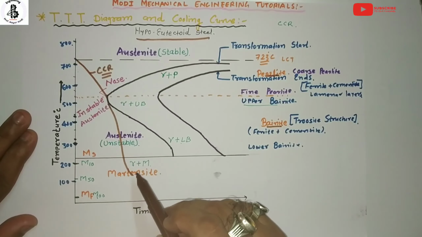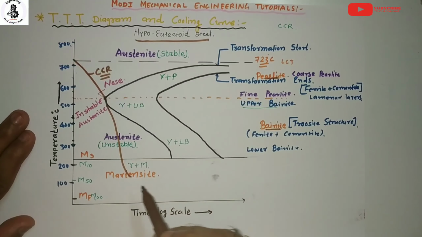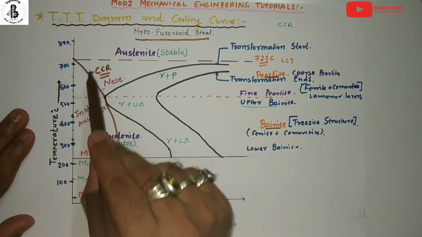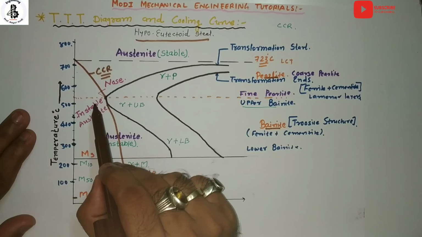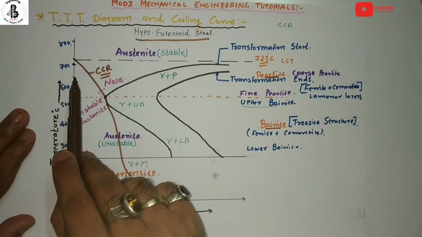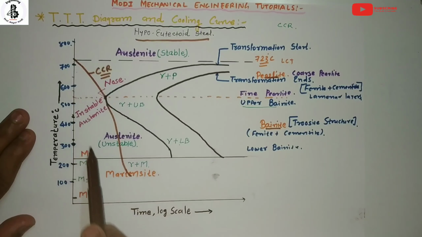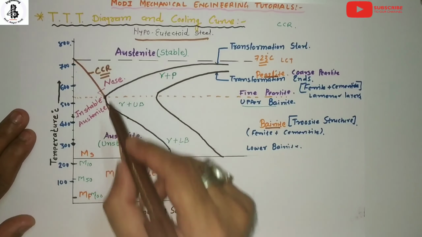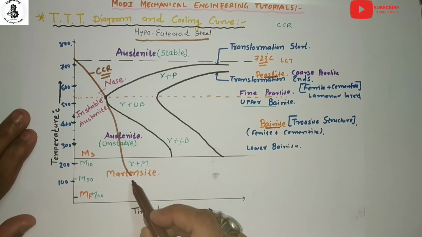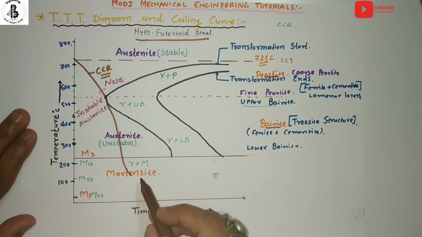If any cooling curve passes before the critical cooling rate, austenite will obviously convert directly into martensite. So by the CCR, the martensite phase is formed.